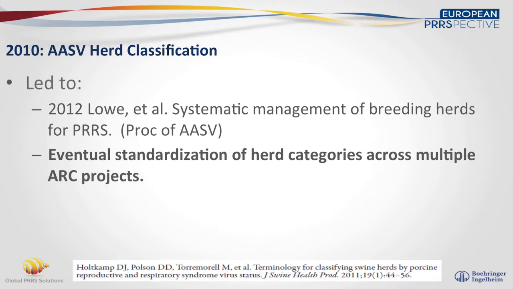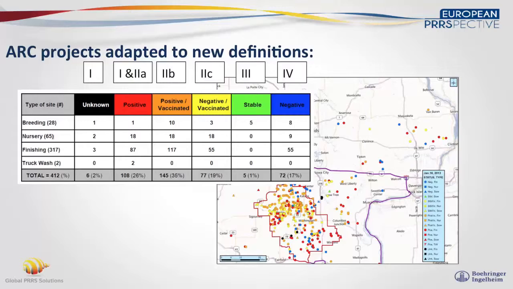Another thing it helped us do was standardize the herd categories across the multiple area regional control projects. At this time, there were several of them out there, and they all had their own scheme for how they were classifying herds, which made it very complex and very difficult. And so Oliver mentioned this project earlier, and they were able to adapt the color scheme here with the different statuses from the previous slides.